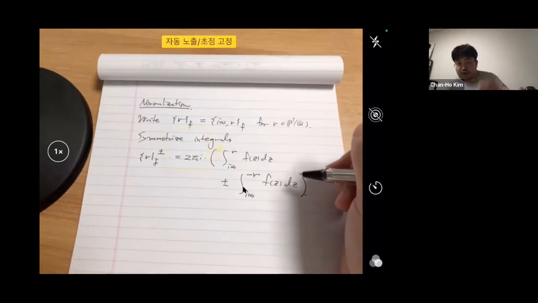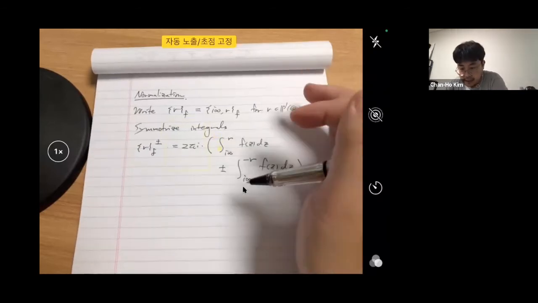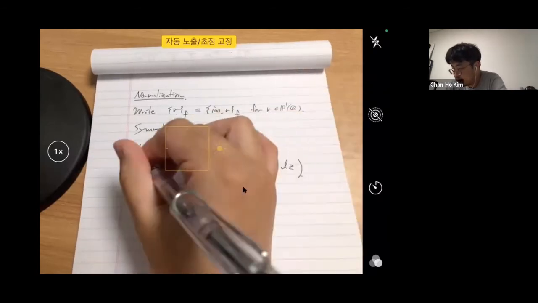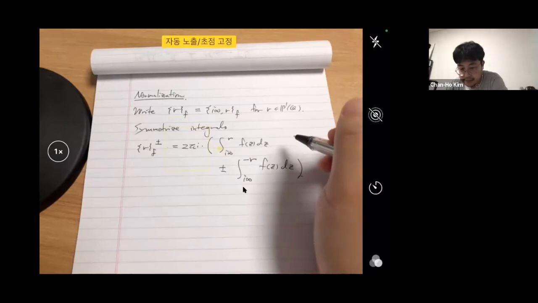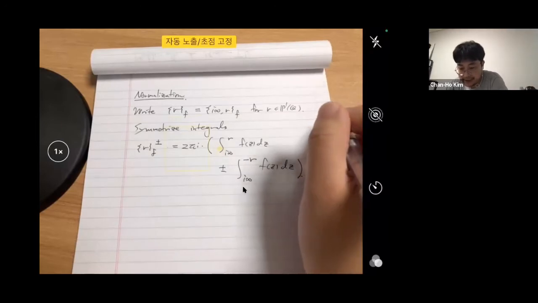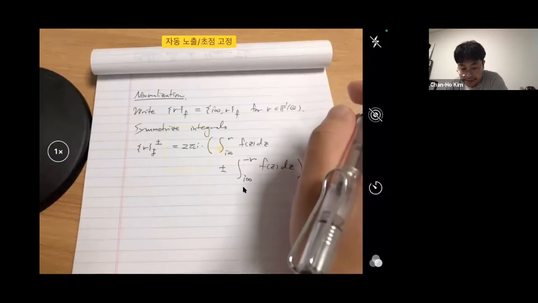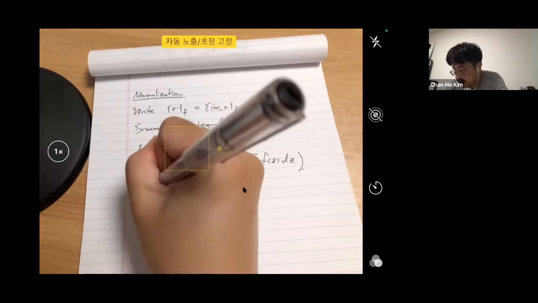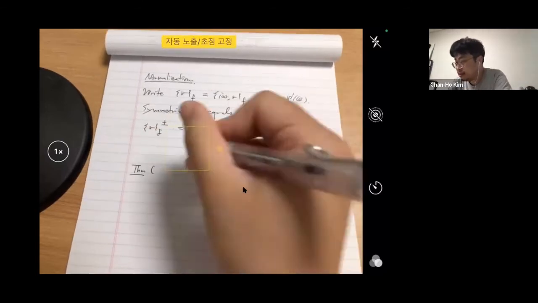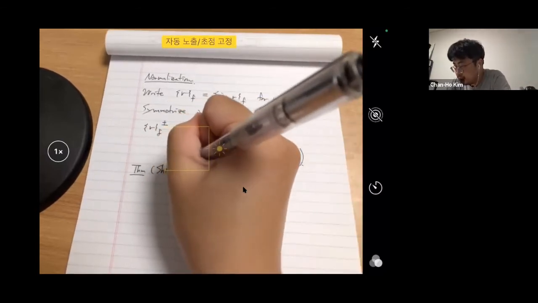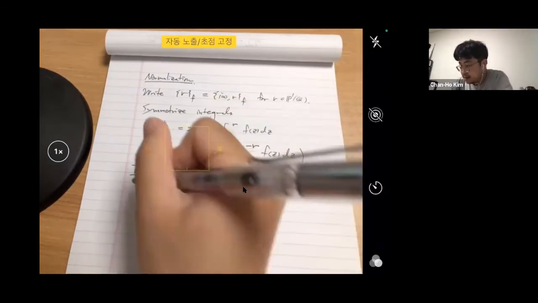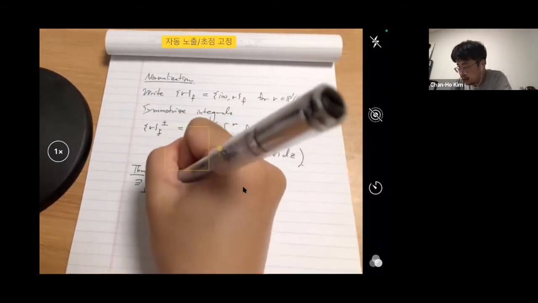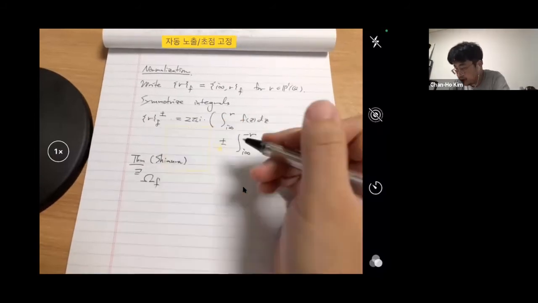And the theorem of Shimura is that this is algebraic, I mean algebraic up to certain periods. F is the corresponding modular form.